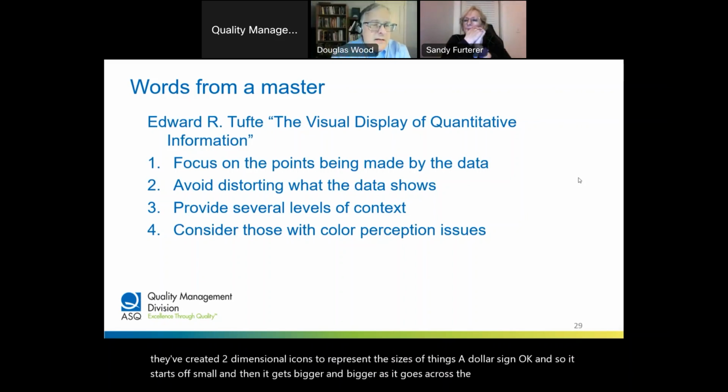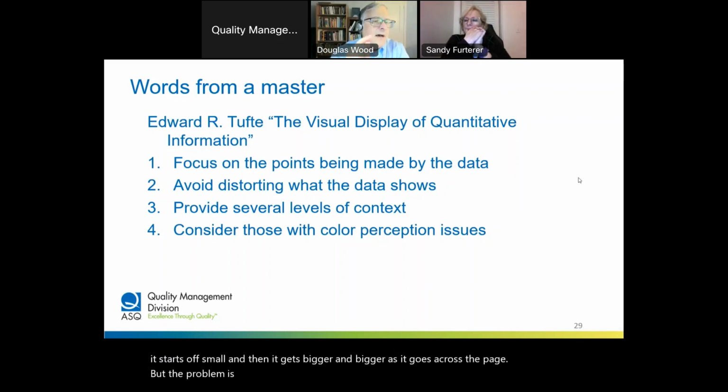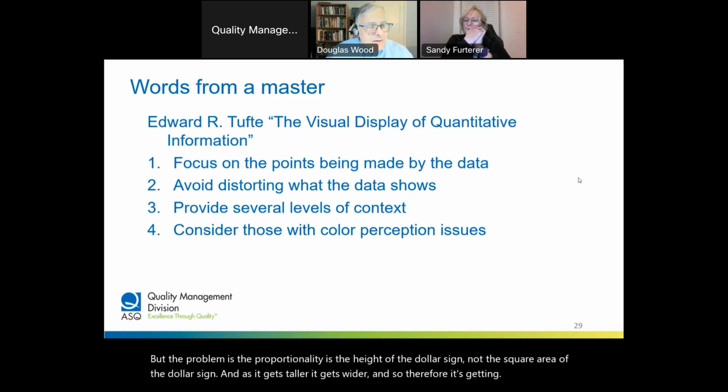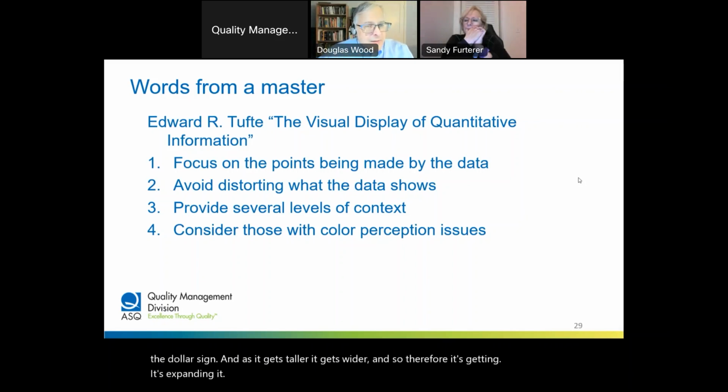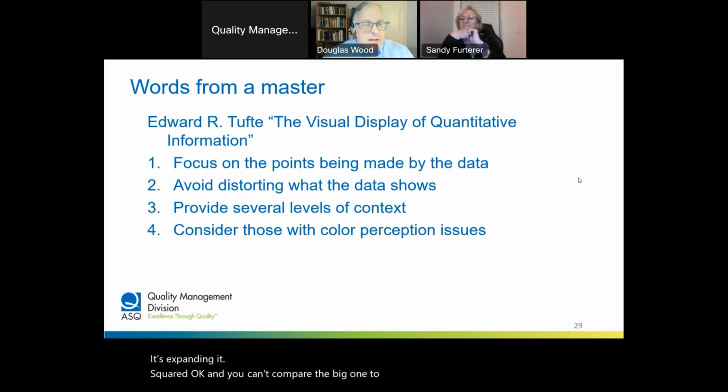But the problem is the proportionality is the height of the dollar sign, not the square area of the dollar sign. And as it gets taller, it gets wider, and so it's expanding as a square. You can't compare the big one to the little one at all because you've distorted the data by using that two-dimensional icon. Did I answer the question?